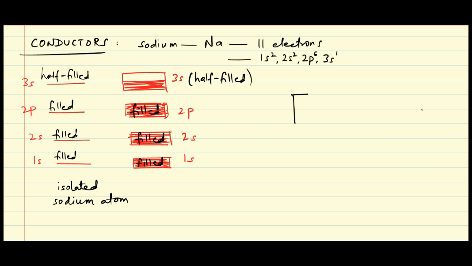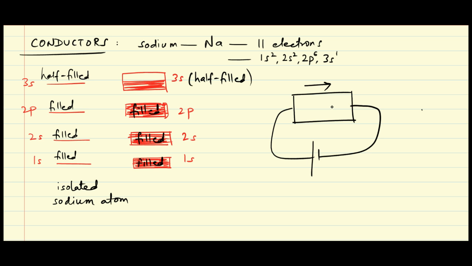And so when an electrical field is set up in a block of sodium, you know there's a field in this direction, and this field will try to move the electrons in the opposite direction, from right to left. When that happens, it is these electrons over here, present in the 3s energy band, that can easily go to the immediately higher energy states which are available to them.